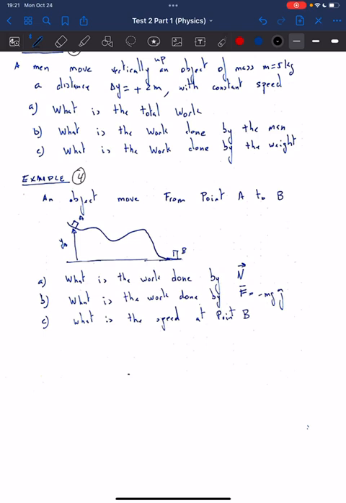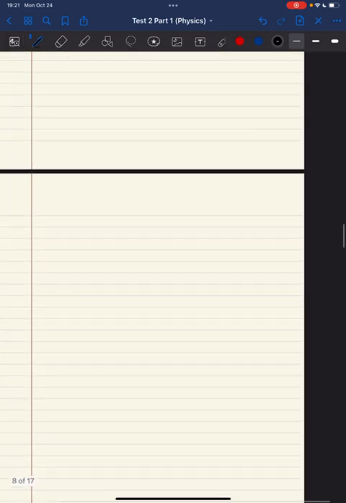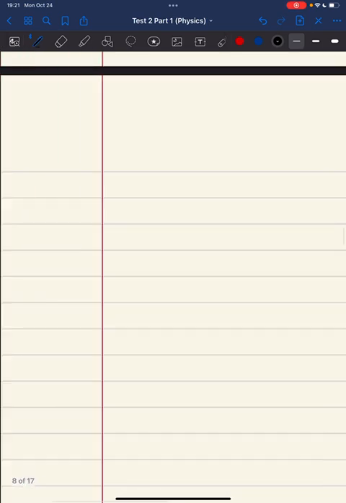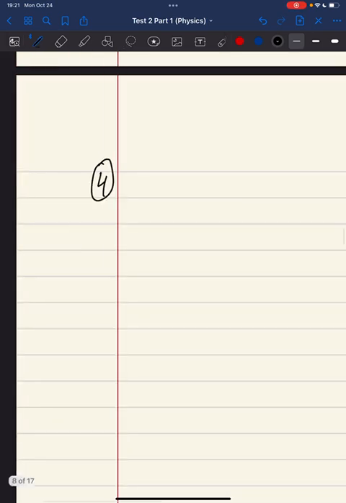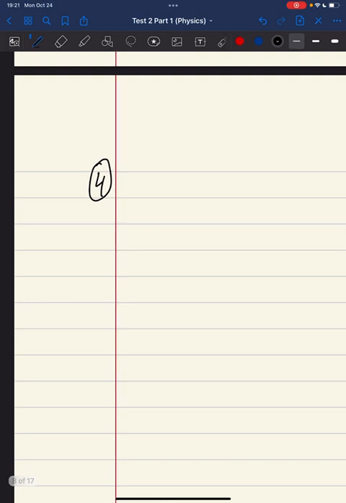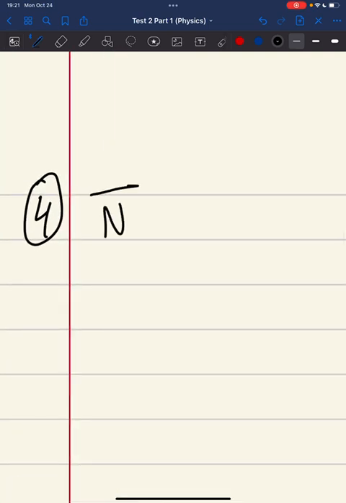Okay. So it will be represented as a force going up. In this case, we're gonna multiply the surface by N. It will be in this manner.